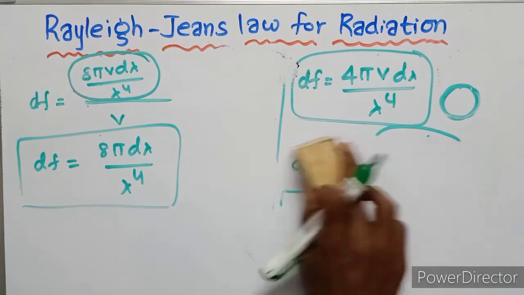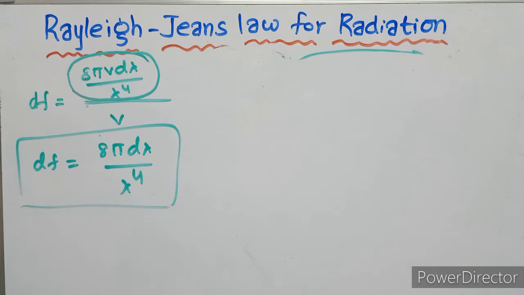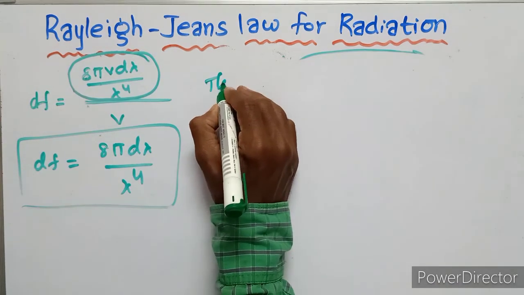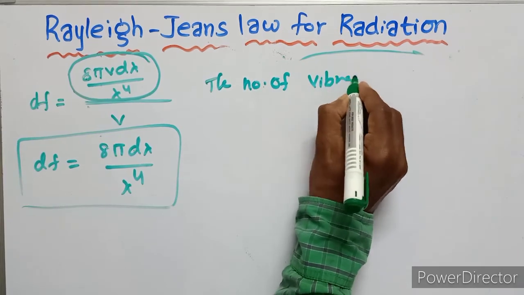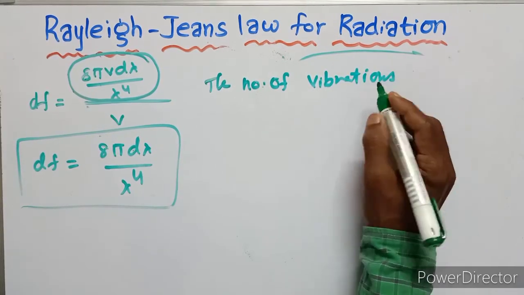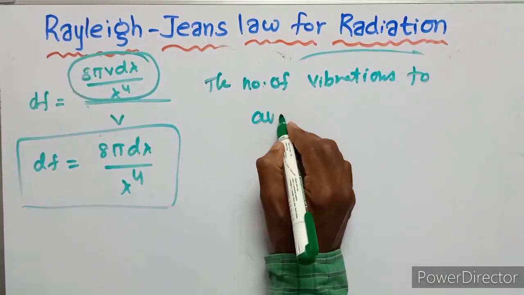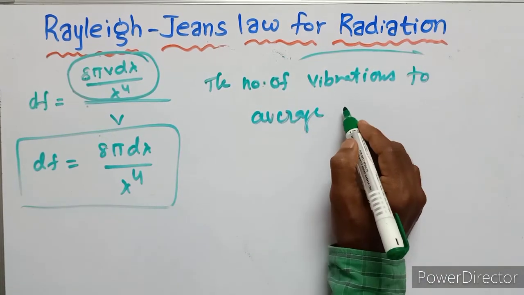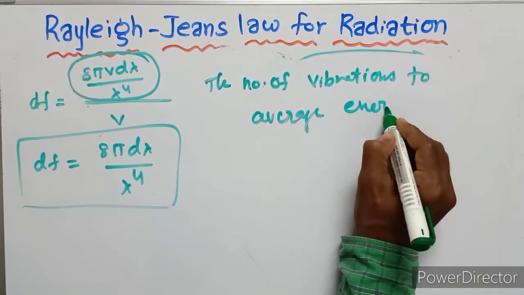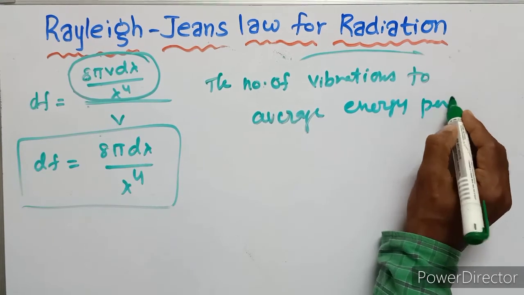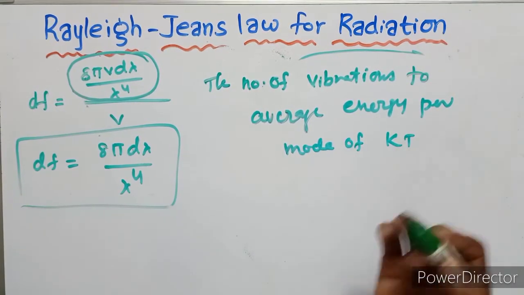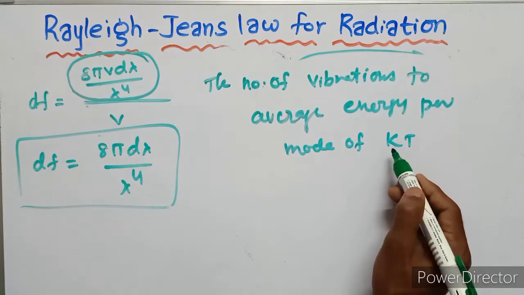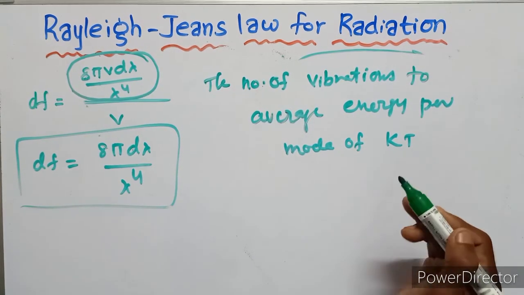Now we have to derive the number of vibrations times the average energy per mode of kT, where k is the Boltzmann constant and T is the absolute temperature.